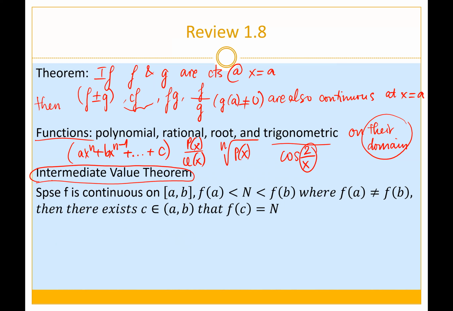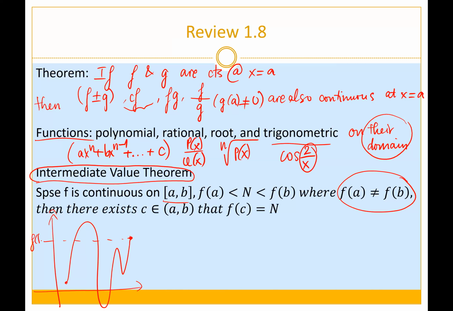So the theorem is basically saying, suppose f is continuous on a closed interval from a to b, with f(a) smaller than N smaller than f(b), where f(a) is different from f(b). I'm giving this as a function, so this is f(b), and this is f(a). What the theorem is saying is that you're going to have a line of N in between these two values, so that you have at least one point, if you have a continuous function.